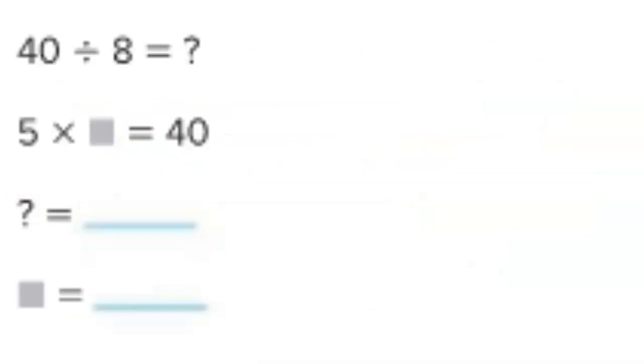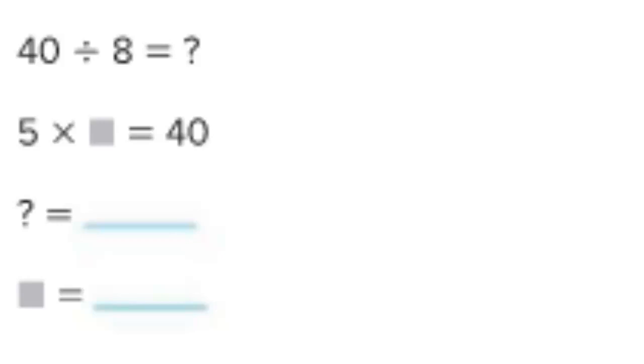Let's do 48 divided by 8. You can choose to either do repeated subtraction, you could do equal groups, or you could just know your facts. Or you could also know your multiplication facts and remember them to solve division facts. For this one, we have 48 divided by 8. To figure that out, we could figure out 5 times what equals 40.